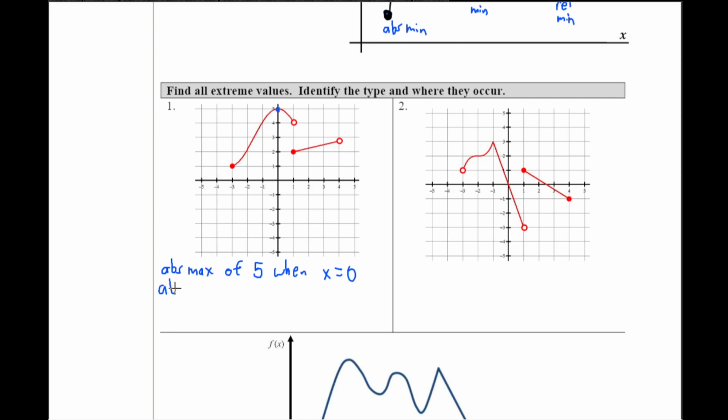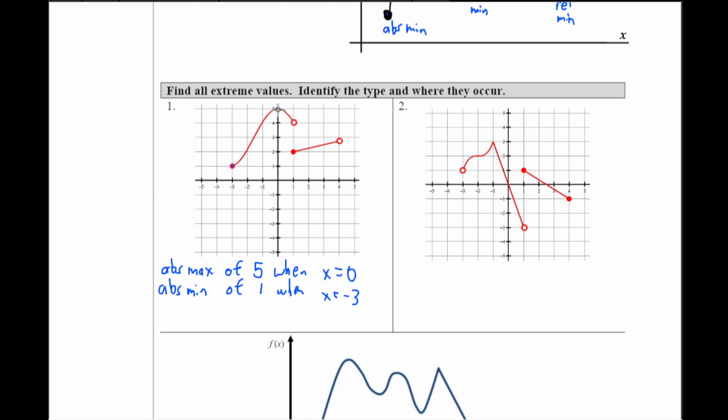Let's look at the absolute min. The absolute min is, you see right here, it's a closed hole. The absolute min of 1 when x is equal to -3. Let's see if there are any relative maxes right here. We do have this point that we identified as the absolute max.